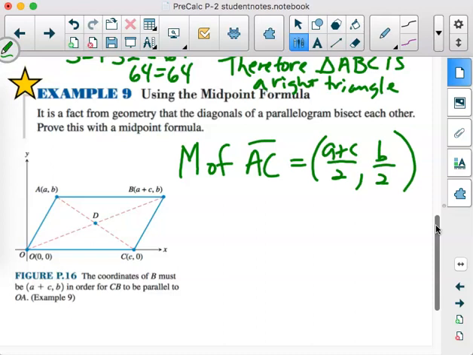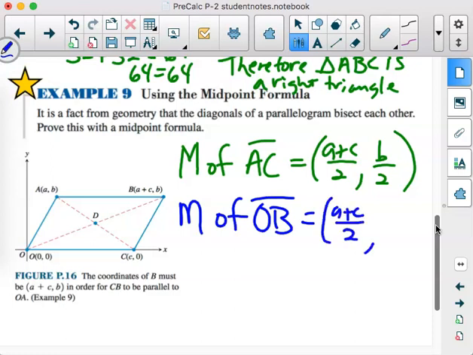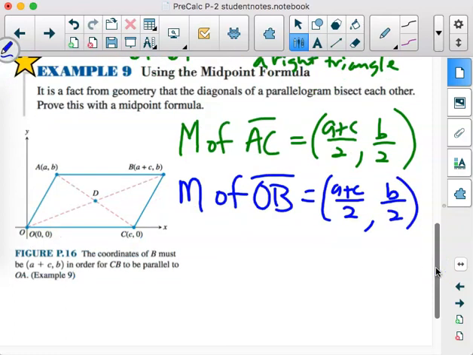Now I need to see the other one. And the other one would be OB. Well, let's see. 0 plus A plus C is A plus C divided by 2. 0 plus B is B divided by 2. Well, look at that. They're exactly the same.